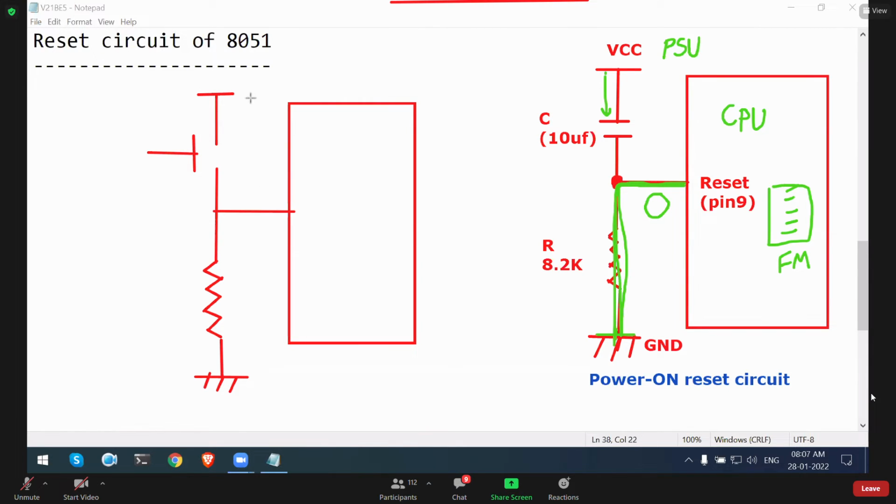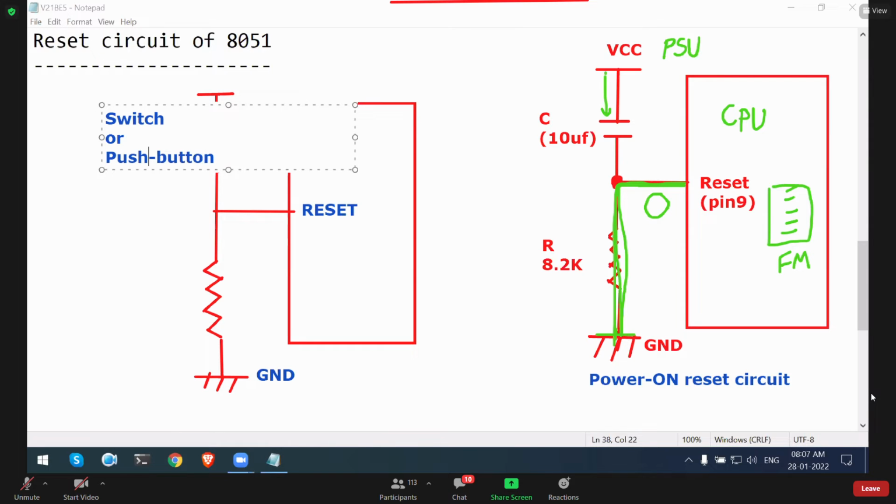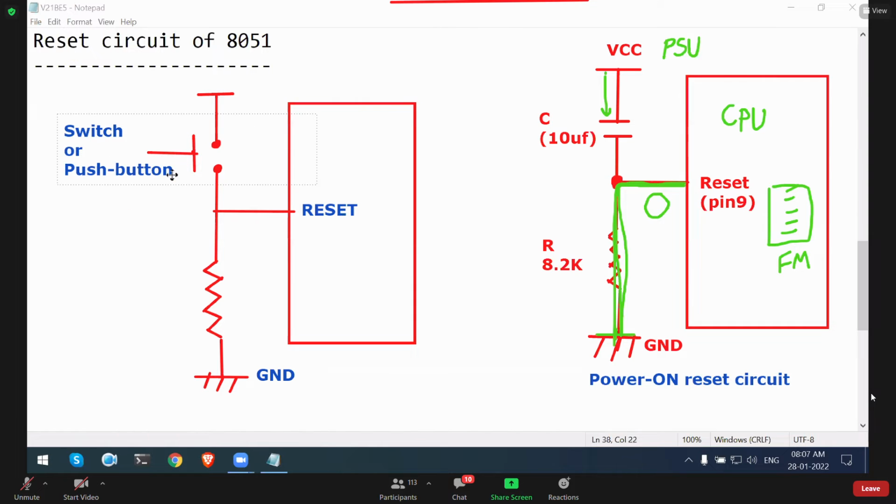This is the switch, you have to connect it like this. This is the reset pin. You can call it a switch or you can call it a push button.